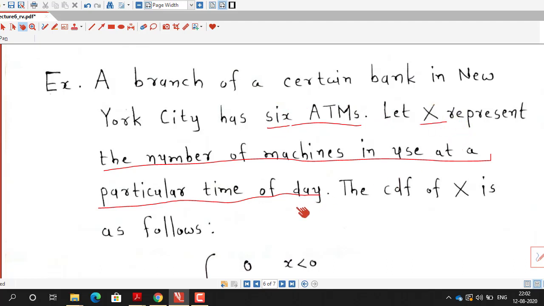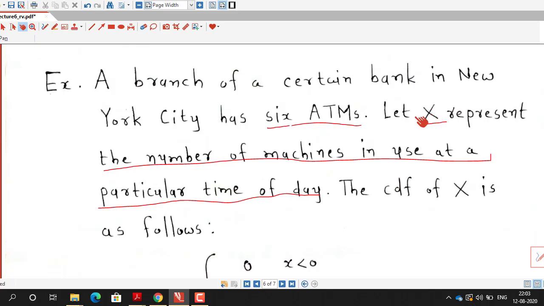It is possible that at a particular time of day no machine may be in use. So there are 0 machines in use at a particular time of a day. There are chances that there may be 1 machine in use, or 2 machines, or up to 6 machines.